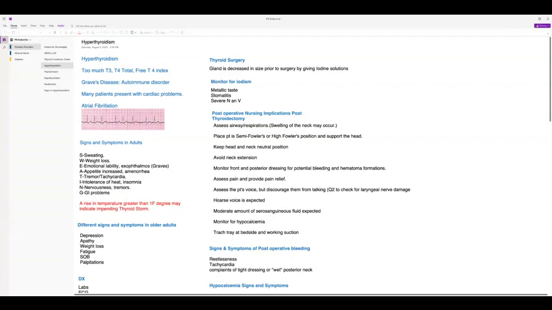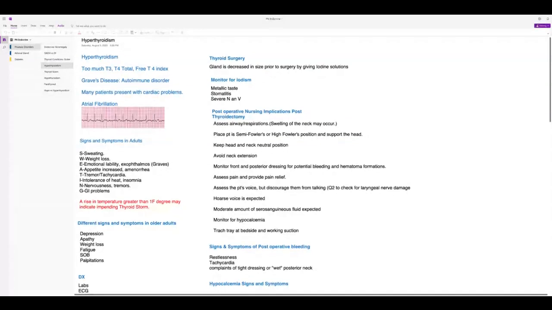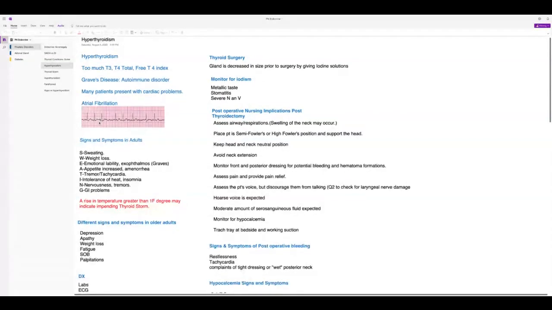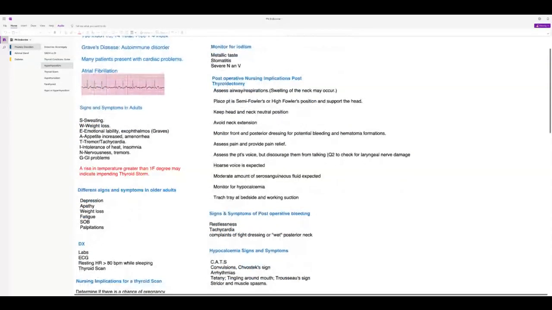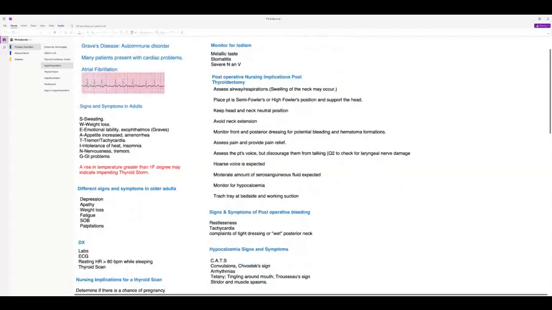Well, with this, they get depressed and apathetic, which is different than what you would expect with hyperthyroidism. But they do have weight loss, fatigue, shortness of breath, and palpitations. It's diagnosed by the presentation, ECG, and labs. Anybody that has a resting heart rate greater than 80 beats per minute while sleeping may have a thyroid problem, and they would do a thyroid scan.